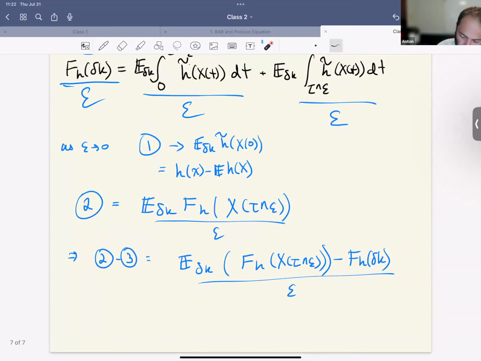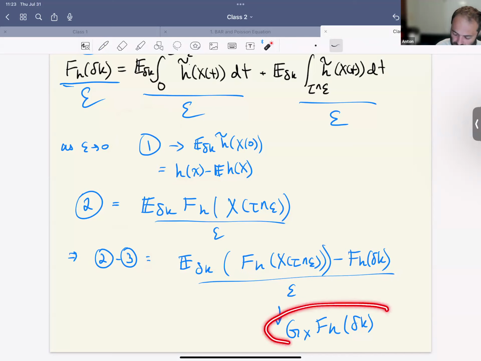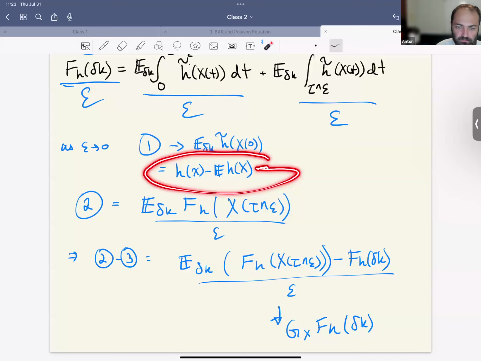Now if I were to get rid of this stopping time, then this does converge to the generator applied to the potential. So 2 minus 3 converges to the generator, 1 converges to this quantity, and if you've been keeping track of the algebra, you've basically just shown that the generator applied to the potential function equals the negative part of what I've circled.